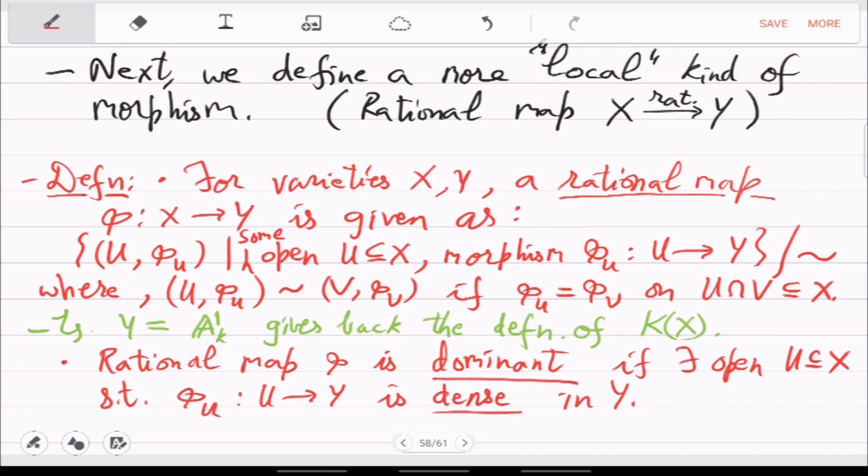Yeah, I want this rational map to be much more relaxed than morphisms. So I cannot take U to be X, otherwise it will be the same thing as a morphism. Even if this map is not defined on the whole of X, it will be enough if it is defined on, let's say, even a single neighborhood.